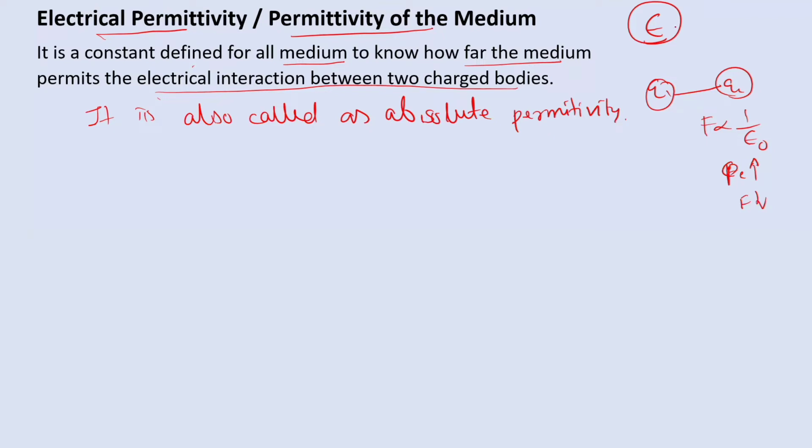If you're writing only epsilon, that is the permittivity of the medium. Sometimes we use the notation epsilon m also to denote the permittivity of the medium. Both are correct. Keep these concepts very clear, because in the second chapter and to solve many problems this will be required. Clear? We will see the dimension of electrical permittivity after discussing the relative permittivity.